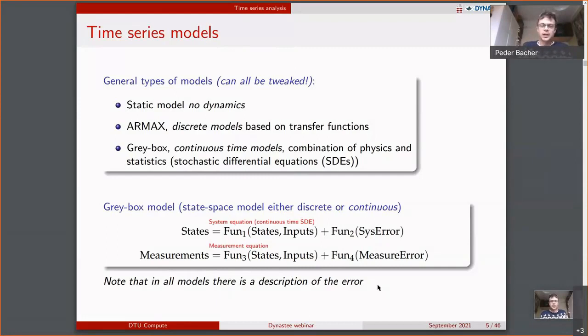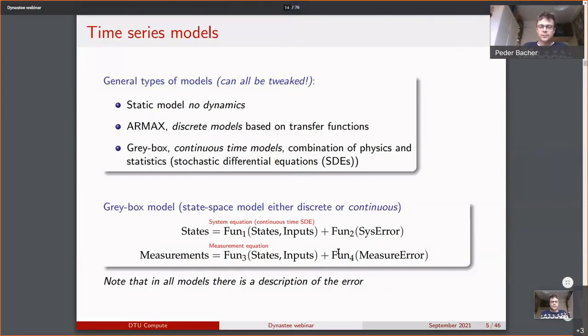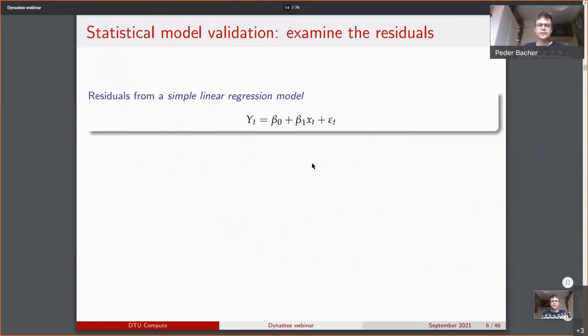So we will go through these three types of models with some examples, so it hopefully makes more sense in detail. Let's start out with a very simple model, a linear regression model. That's what I assume you all know from a basic statistics course in engineering: you have some output variable y, a linear function of an input variable x, and the error epsilon.